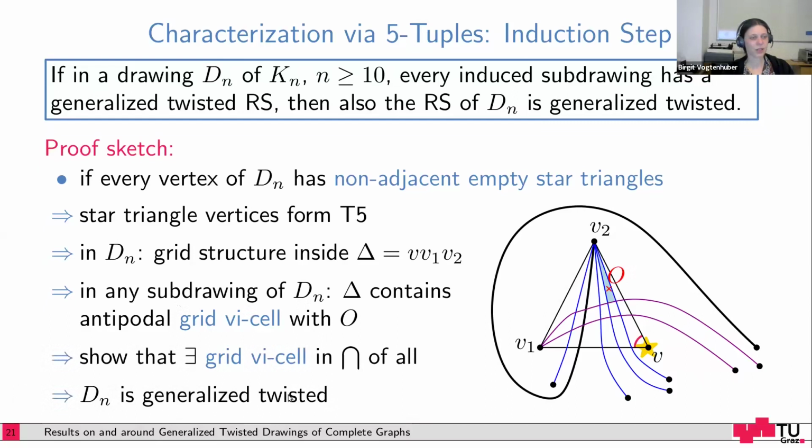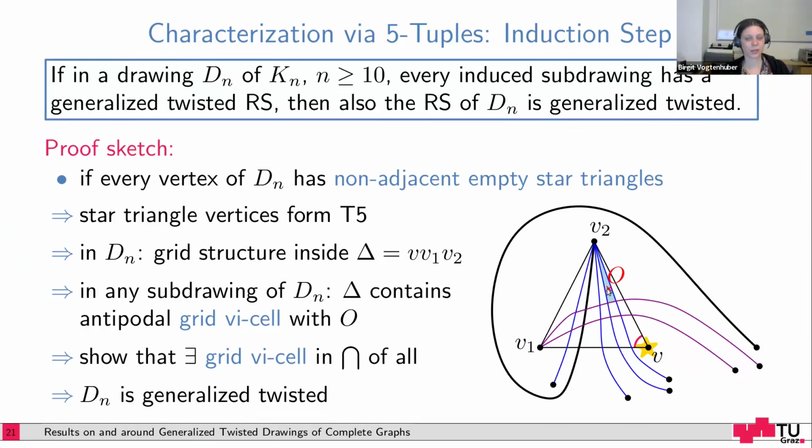And then what we need to show is that in these cells of the subdrawings, if I take a cell in a subdrawing, it can be larger than in the whole drawing, but not smaller. And then what we show is that the intersection of all those subdrawing cells still contains a grid cell.